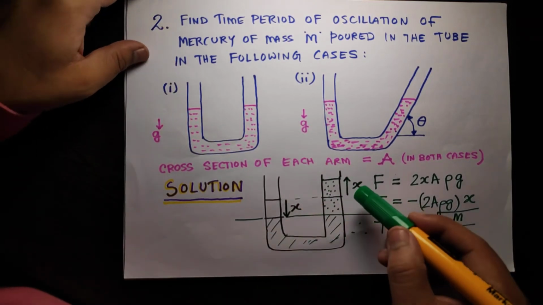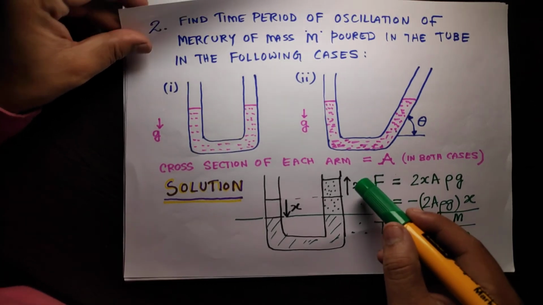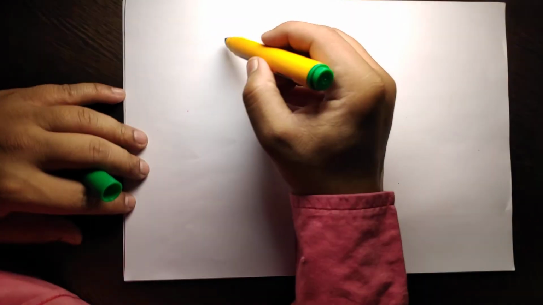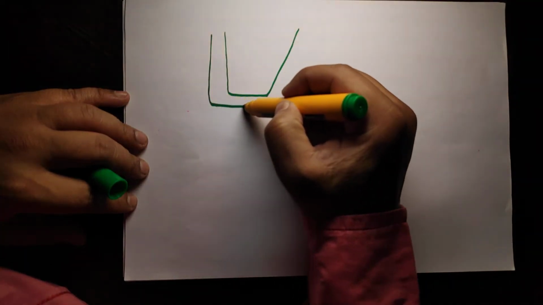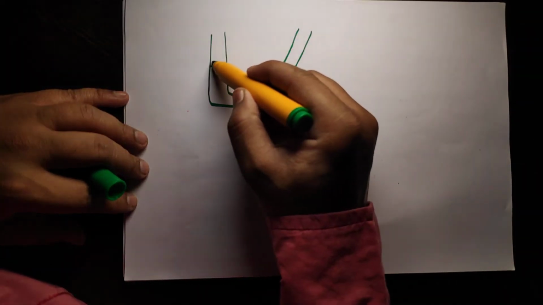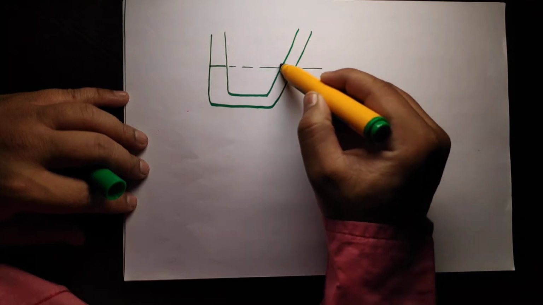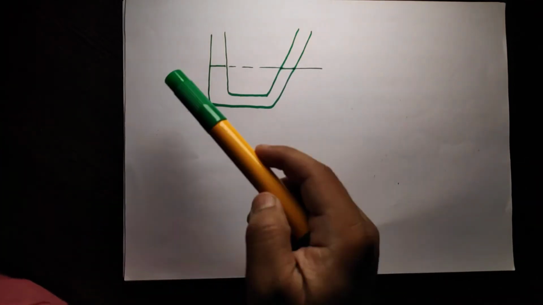Okay, let's go to the second case, where one of the arms of the tube is tilted. So this was the initial level of liquid.